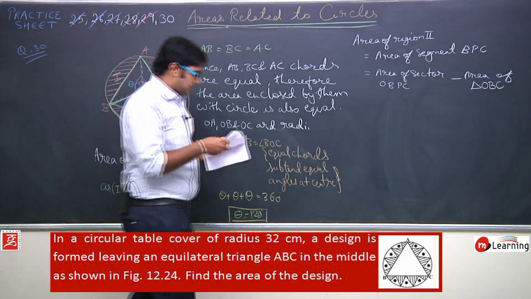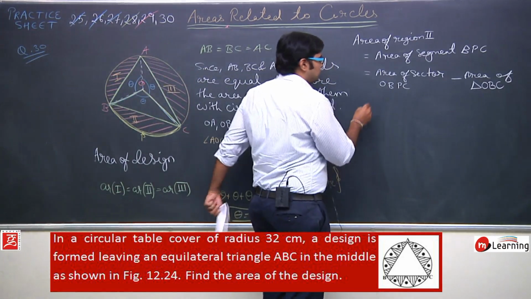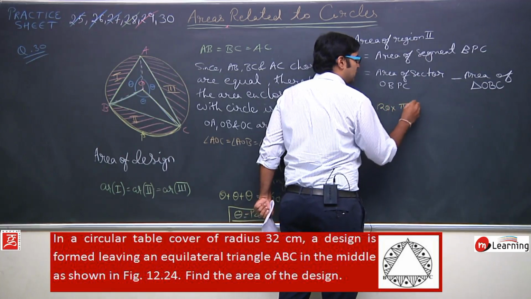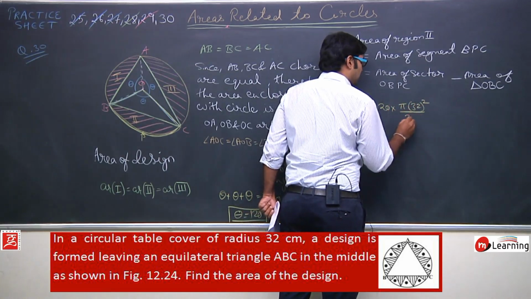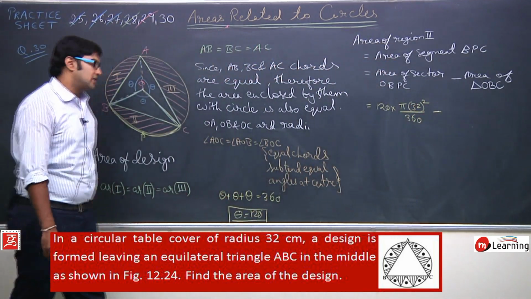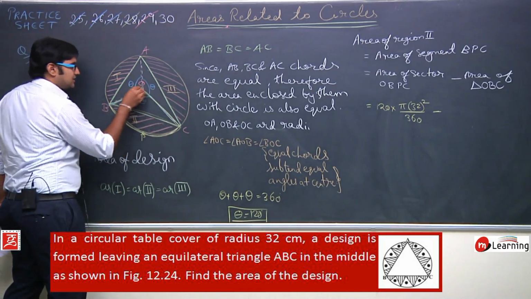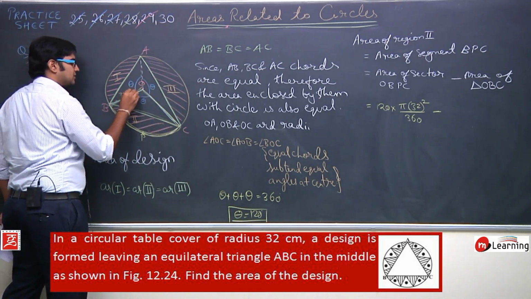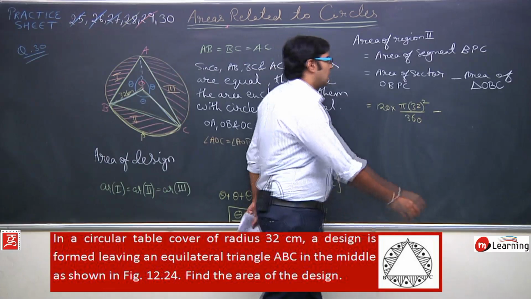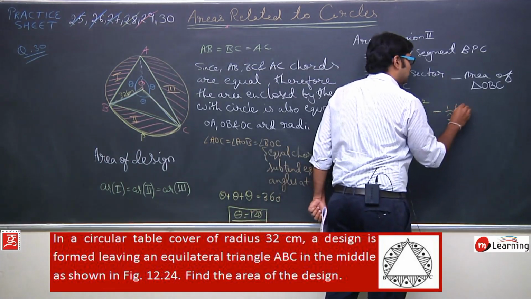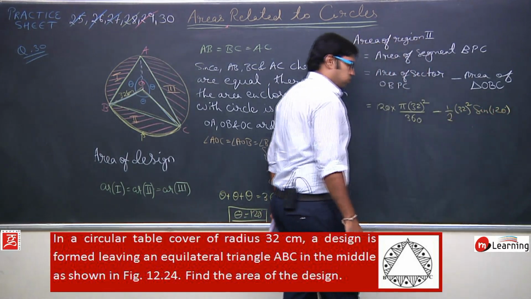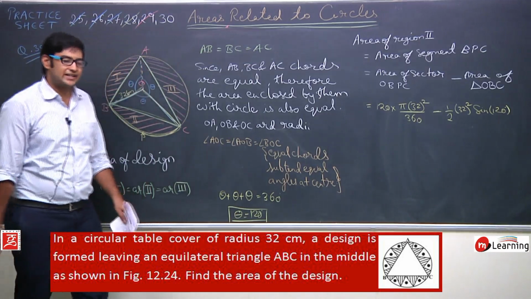Now for the area of sector, the angle subtended by the two radii is 120 degrees. So the area of sector will be 120 into pi into 32 square upon 360, minus the triangle OBC. What is the radius OB? It is 32 centimeters. So the area of triangle OBC is half r square sin theta, that is half into 32 square into sine of 120 degrees.